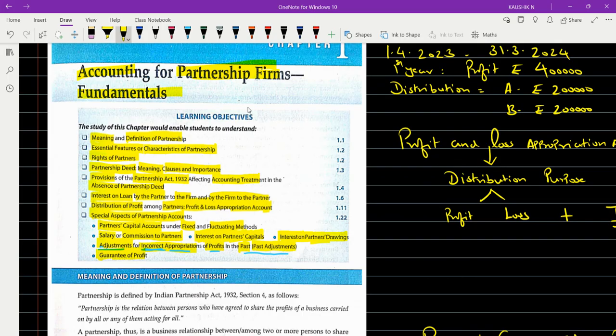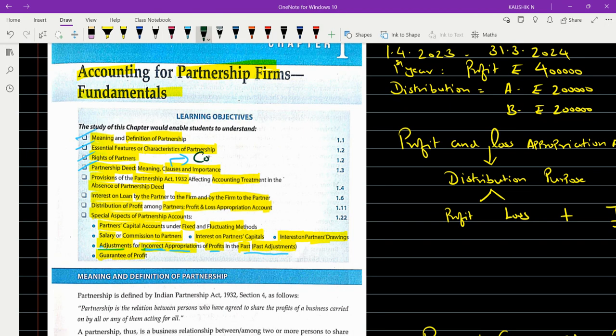What are all the rights and even duties? Not only are we going to restrict ourselves to the rights, we are also going to see the duties of a partner. So meaning, features, and then rights. And then we learn about partnership deed. What does it mean? And what are the contents of a partnership deed? The term clause is nothing but it represents the contents.